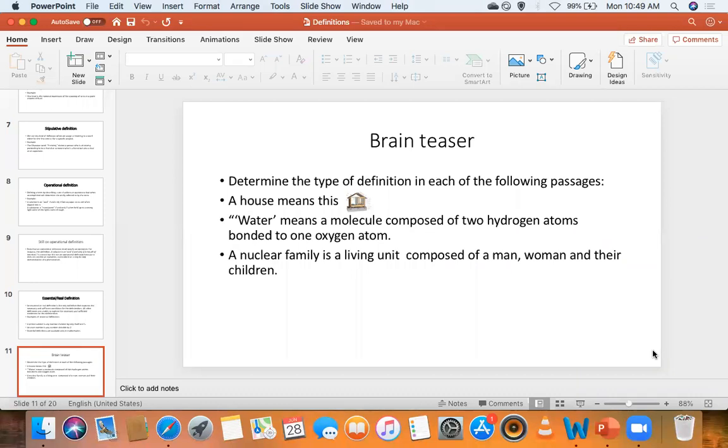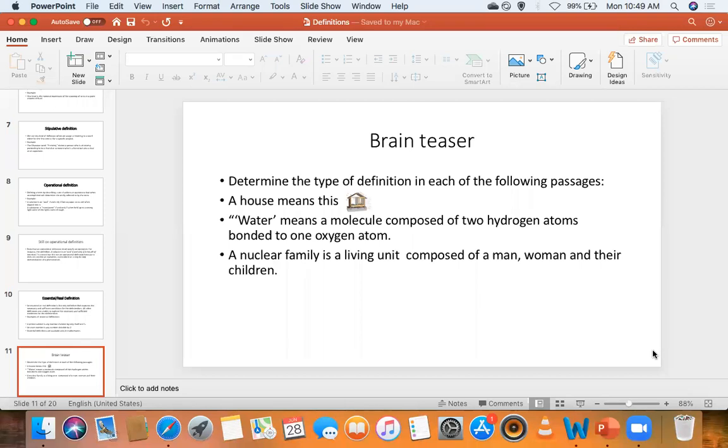Okay, so a little exercise. Determine the type of definition in each of the following passages. A house means this. Can someone answer that? What is it?